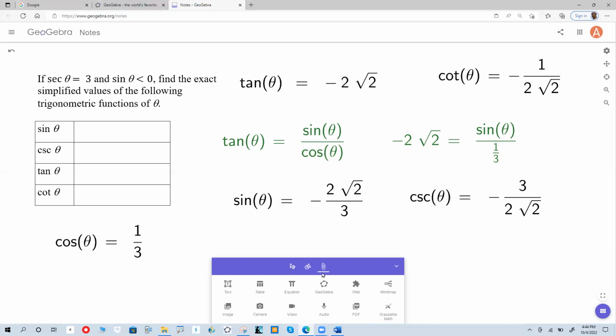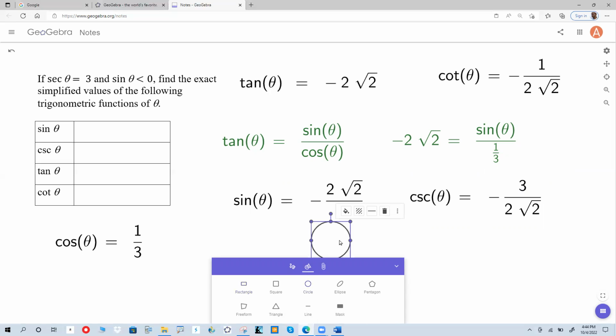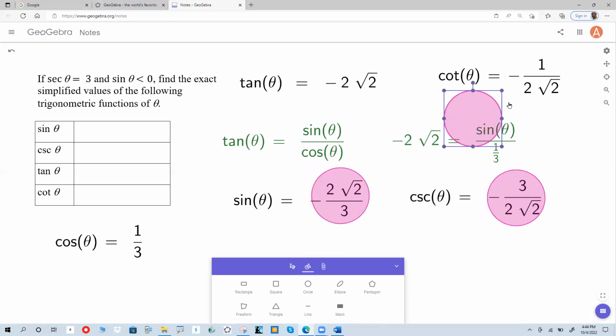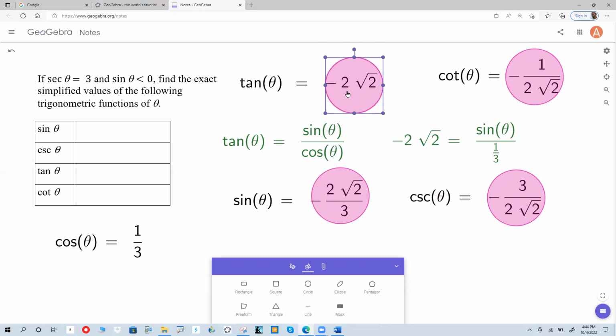These are my answers. Let me highlight them. This one, this one, and this one, and this one. I have all my values and they're correct.